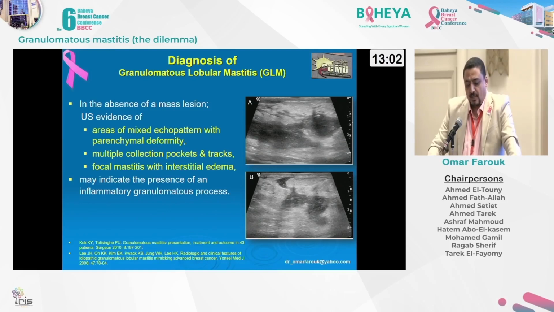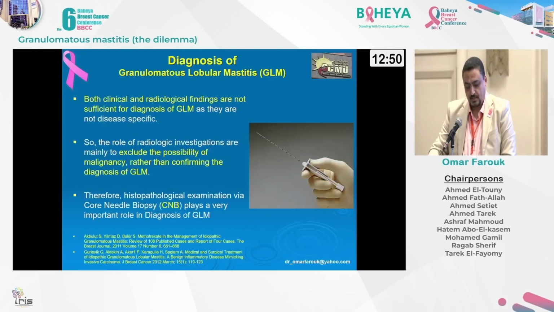In absence of mass lesion, ultrasound evidence of area of mixed echo pattern with parenchymal deformity, multiple collections, pockets, tracts, focal mastitis, and interstitial edema may indicate the presence of the disease. So both clinical and radiologic findings are not sufficient for diagnosis because they are not disease specific. So the role of these investigations is to exclude possibility of malignancy rather than confirming the diagnosis of the disease.